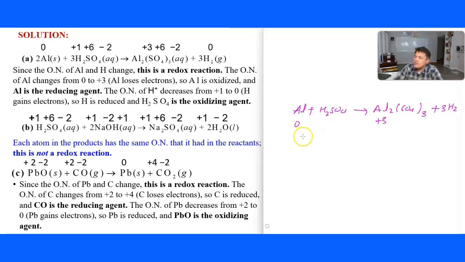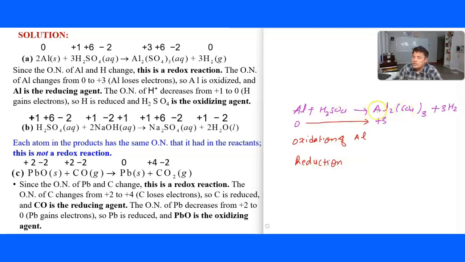oxidized, right? Oxidation is the loss of electrons. Oxidation is the increasing of the oxidation number, reduction is the decreasing of the oxidation number. Here it is increasing, right? 0 to 3 increasing means this is oxidation of aluminum, and the reduction of hydrogen.